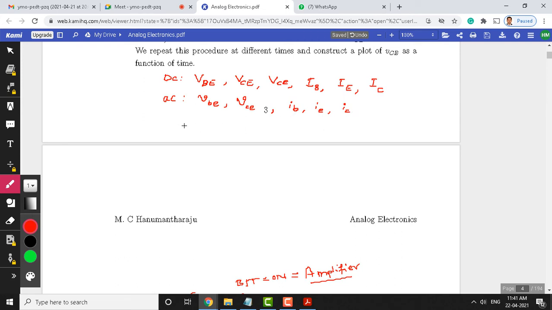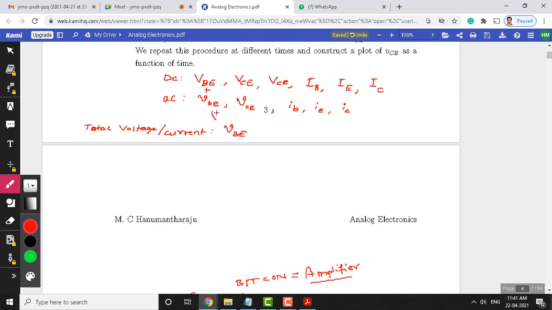And the total voltage or total current, let us see how this can be written. How can we denote that in an amplifier circuit? Total voltage: for the base emitter voltage, we write small v capital B E. This is the total base emitter voltage, which is the sum of this plus this.